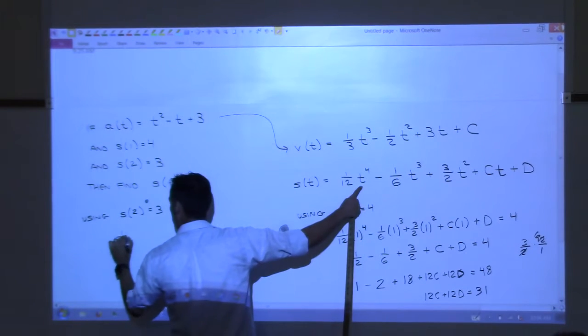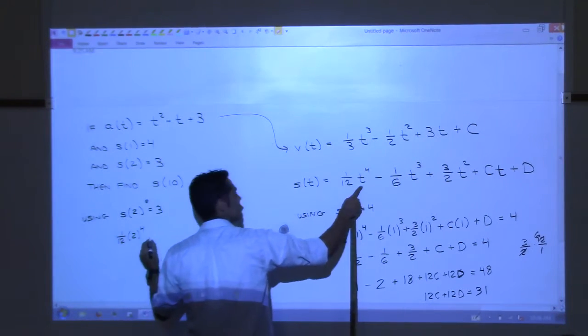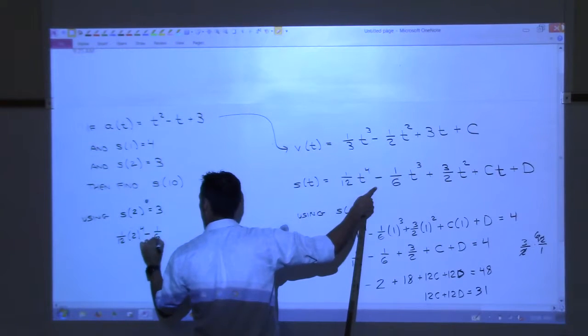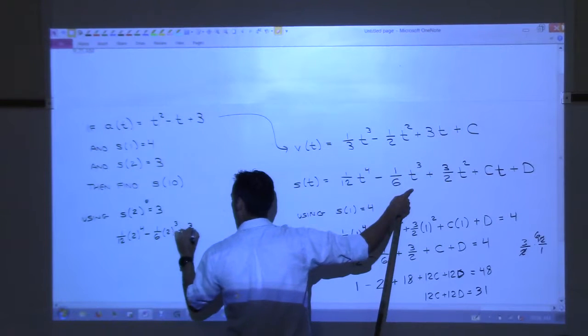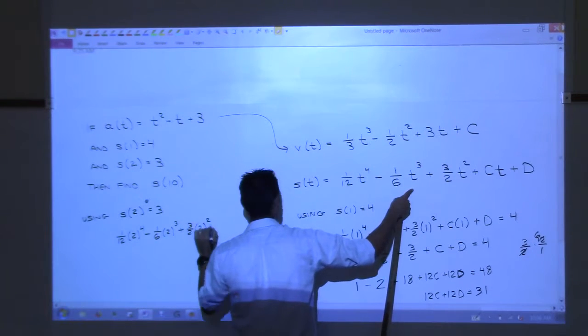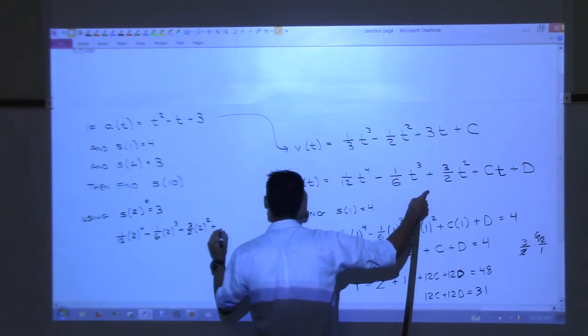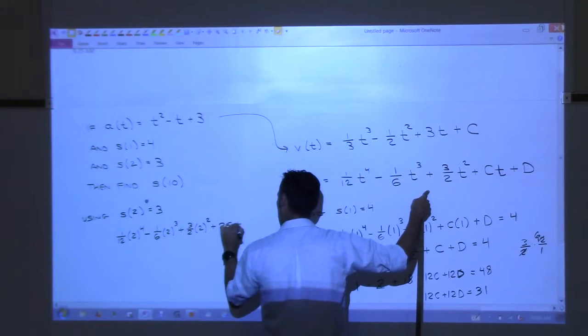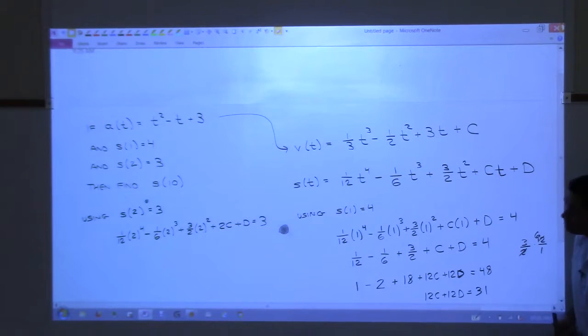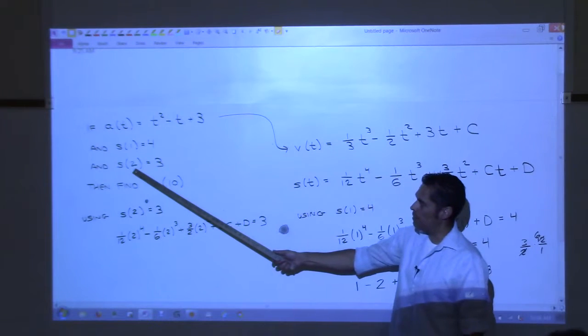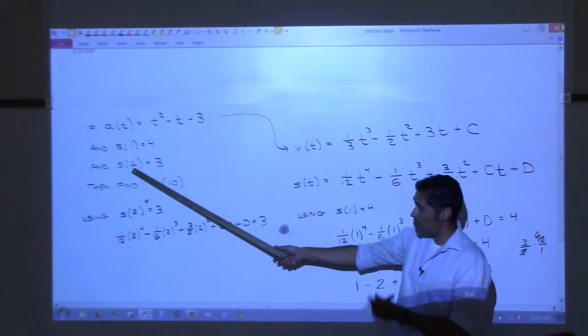So 1/12 times 2 to the 4th minus 1/6 times 2 cubed plus 3/2 times 2 squared plus c times 2, which is 2c, plus d equals 3. It's still going to suck, but I think the numbers were just a little easier to work with, that 4 being replaced by 2.